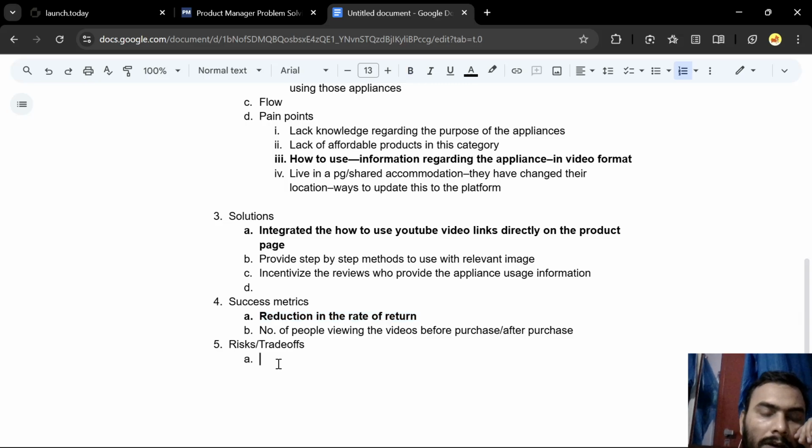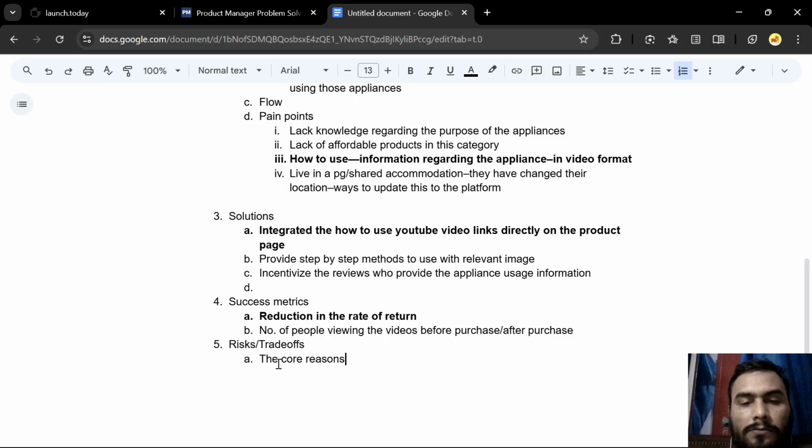Now, some of the risks and trade-offs I can think of is the rate of return, the core reason or assumptions.